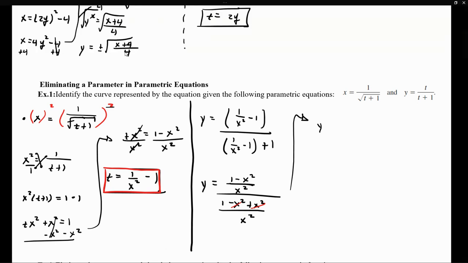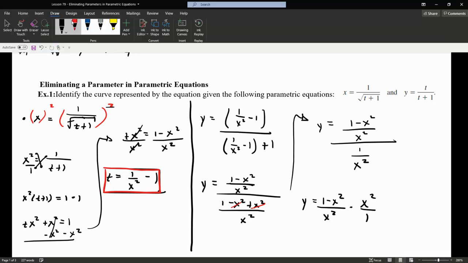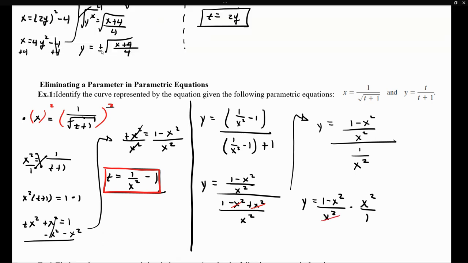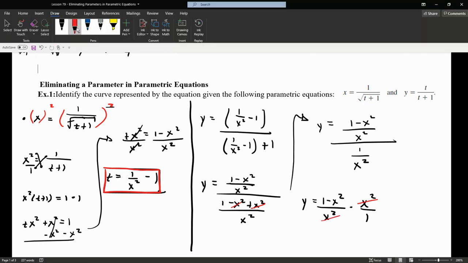And now we're going to have the following. So now we know that y is equivalent to 1 minus x squared all over 1. And remember that if you're dividing by a fraction, this is equivalent to just multiplying by the reciprocal. And now this way, the x squareds will cancel out.